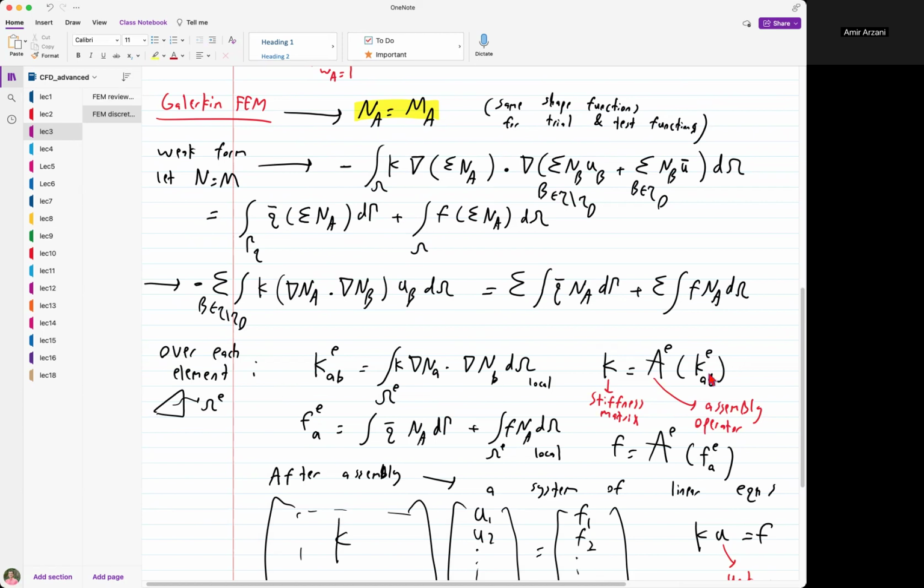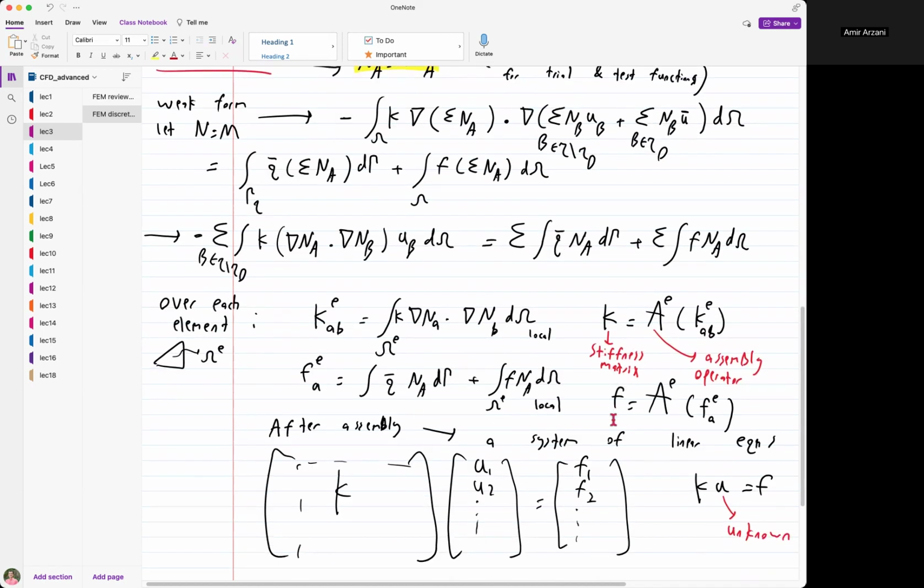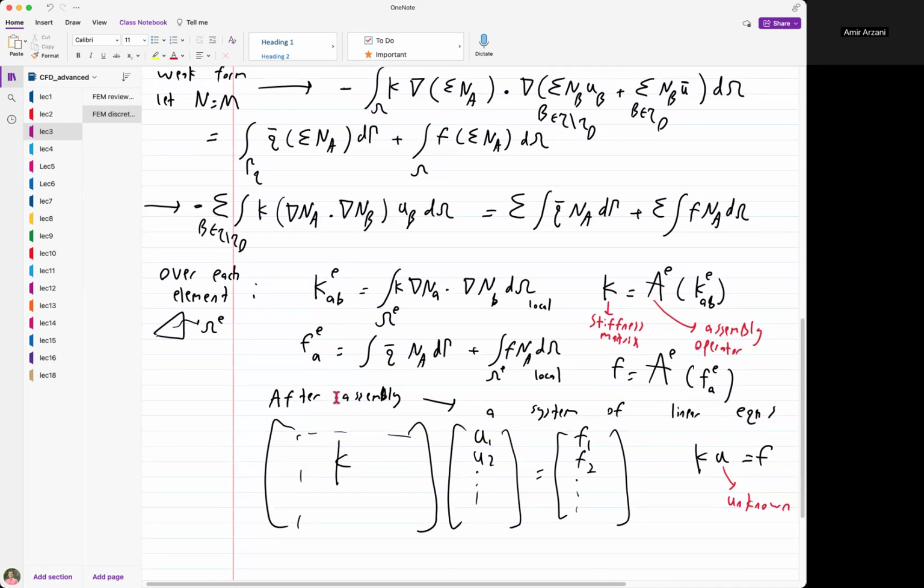These are integrals over each element, and we loop over all the elements in our domain. We calculate this matrix and this vector, which are tiny because they correspond to fewer degrees of freedom. We calculate them and then assemble them to form this big stiffness matrix K and a big right-hand side forcing vector F. The way we do that assembly is that for each element, we know its connectivity, the IDs of its nodes with respect to the global mesh.